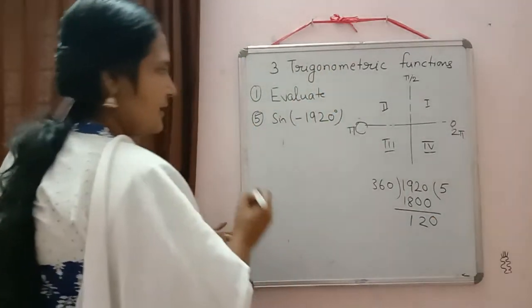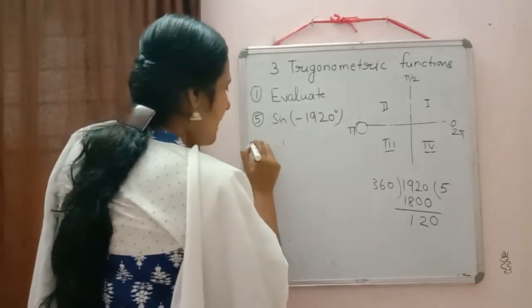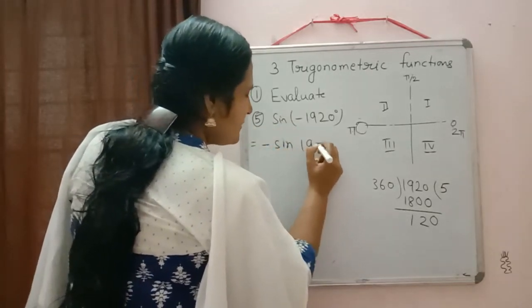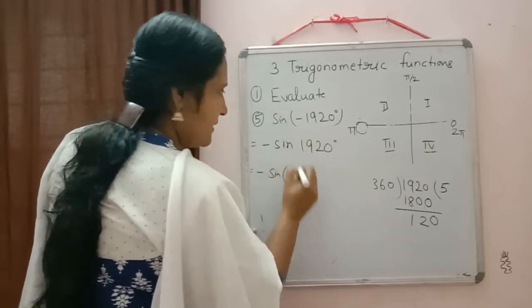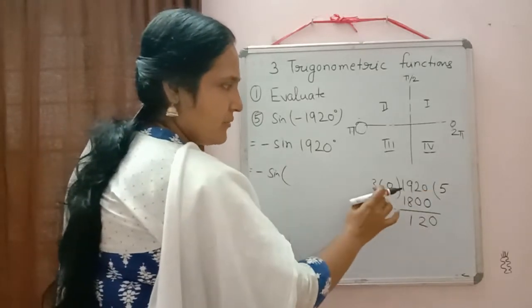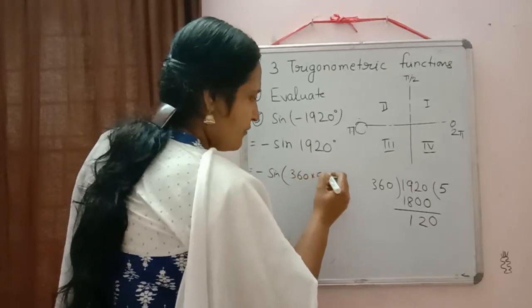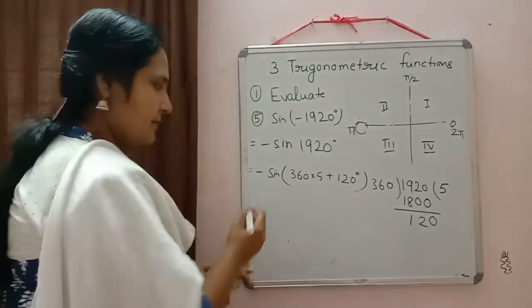So we are getting here, and before that, sine of minus theta is minus sine theta. So we will write here minus sine 1920 degree. Minus sine 1920 can be written as dividend equal to divisor into quotient plus remainder. So 360 into 5 plus remainder. The remainder is 120 degree.